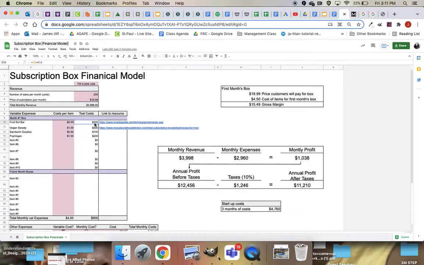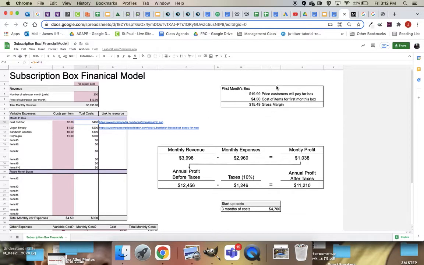Now, look at this. It says total cost. Well, total cost is $2 times the 200 boxes I'm going to sell a month. So for my nut bars, I'm going to be spending as a company $400 to purchase all those. Now, something that's going to be really interesting for you is this.